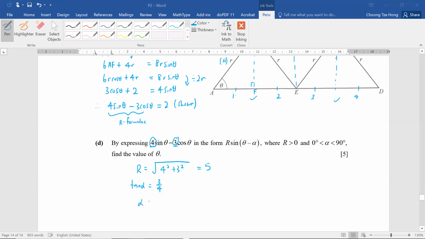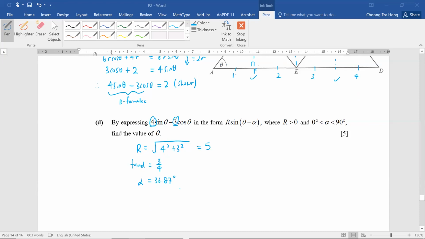Since we are working in degrees, alpha we put in degrees to 2 decimal places. Therefore 4 sine theta minus 3 cosine theta equals 5 sine theta minus 36.87 degrees. So this will be the answer for the first part. So this is halfway done.